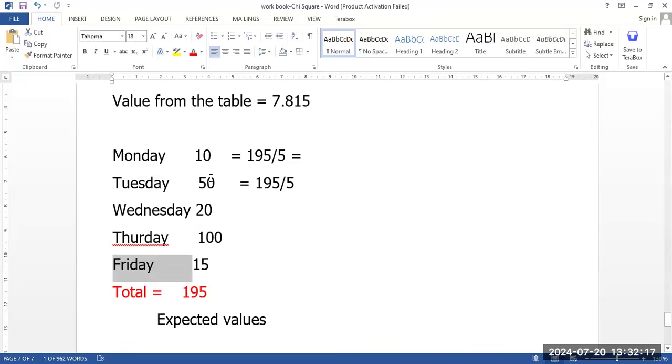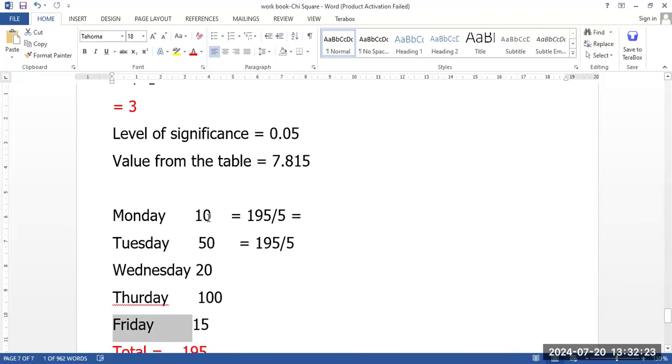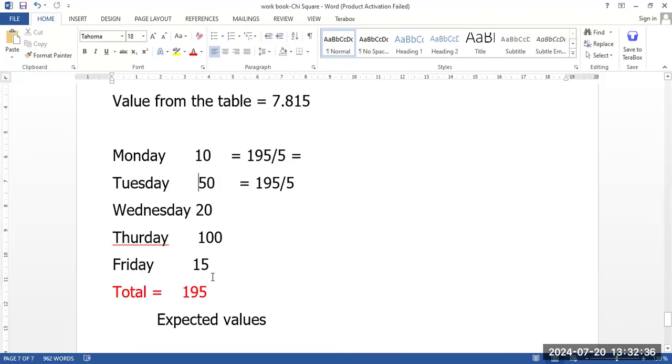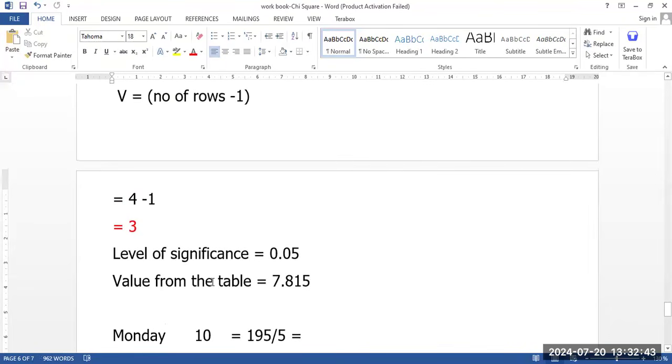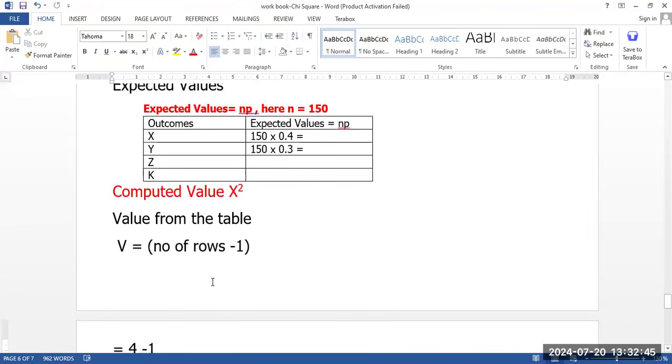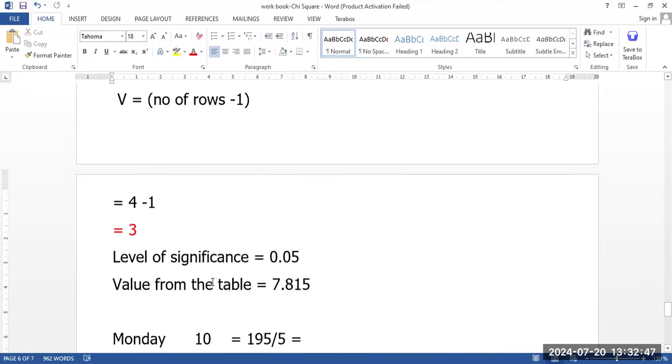So those are 5 rows minus 1. That is your V. V will be equal to 4, because you have only 1 column here. And 1 minus 1, you realize the other bracket is multiplied by number of columns minus 1. So that's all for now.